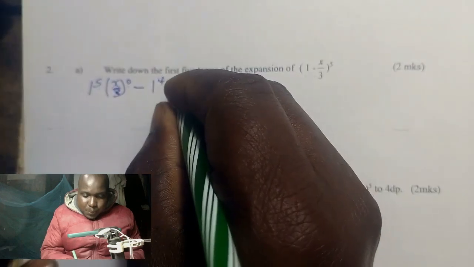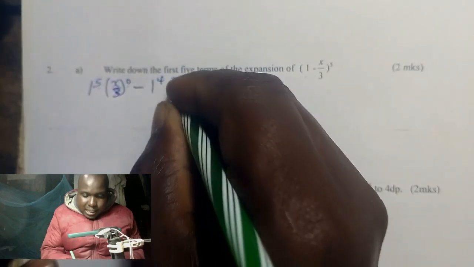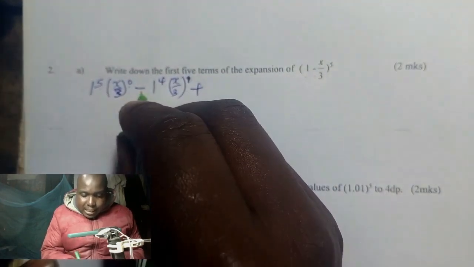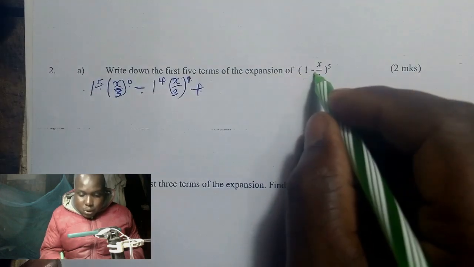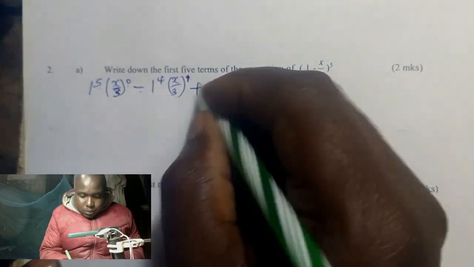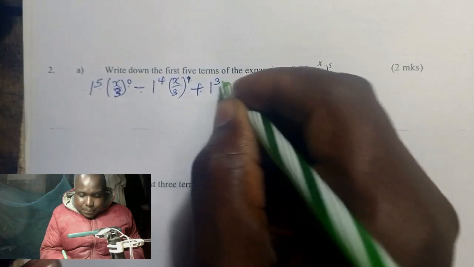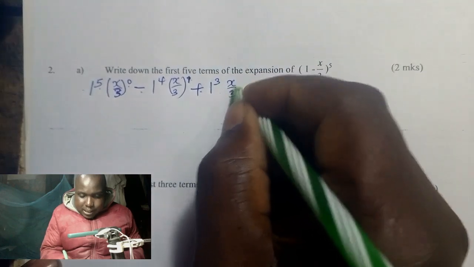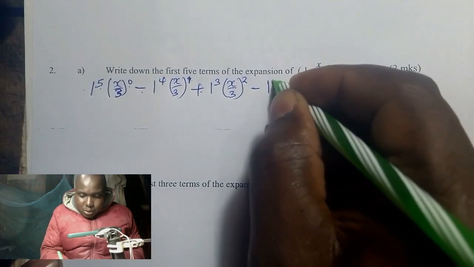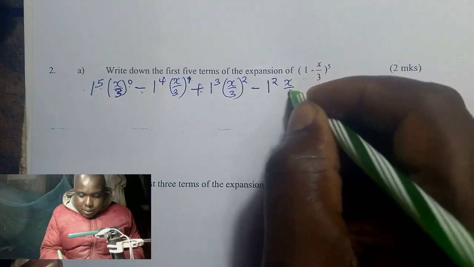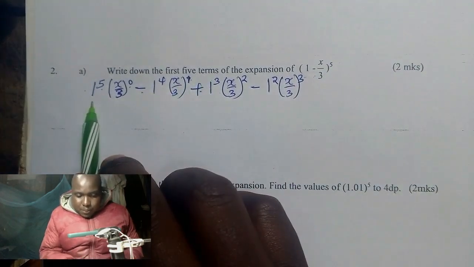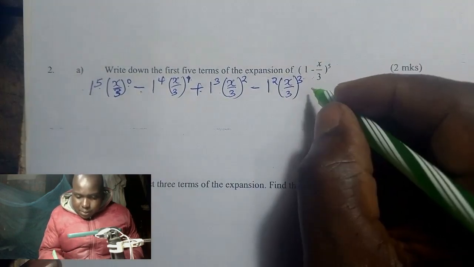So the second term will be x over 3 raised to power 1, plus negative, plus negative when it is minus. 1 raised to power 3, x over 3 raised to power 2, minus 1 raised to power 2, x over 3 raised to power 3, to the first 5. 1, 2, 3, 4, the first 5.